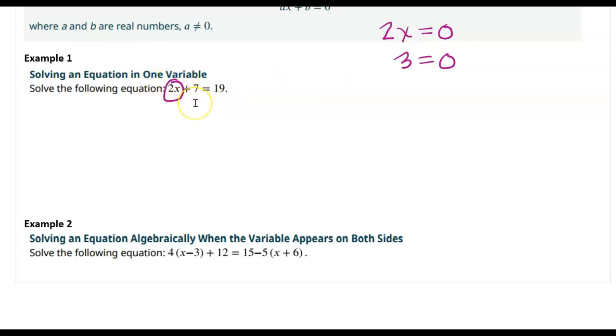So I'm going to leave this alone and notice that I have this plus 7. Well, the inverse operation of adding 7 would be subtracting 7. So I can do that to both sides.